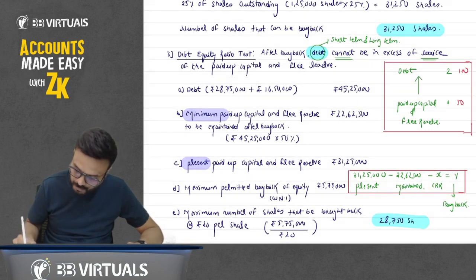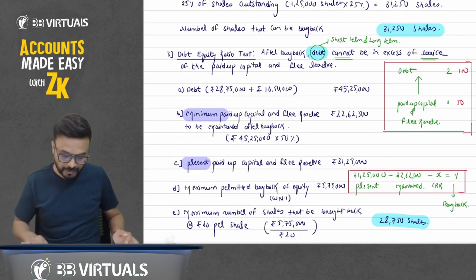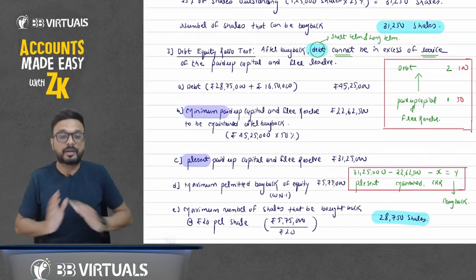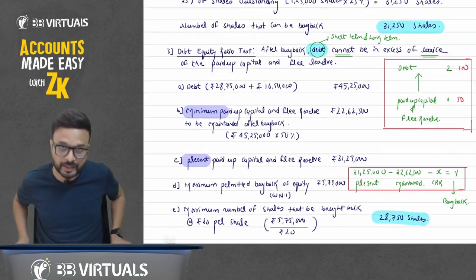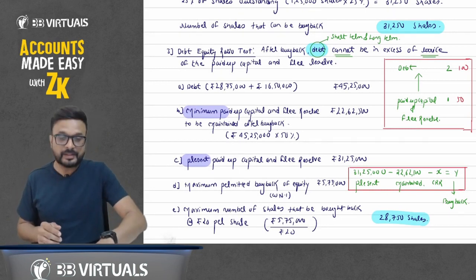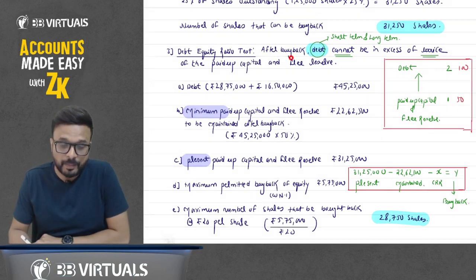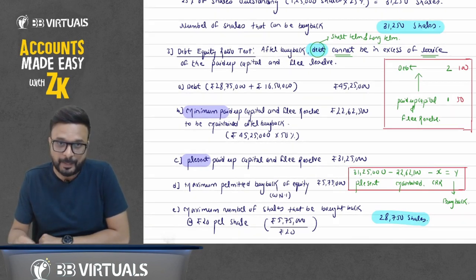Okay, write down 28,750 shares. Now I am repeating this third test, which is the debt equity ratio test. What is the condition? Third condition: your debt cannot be more than twice the paid up capital and free reserve after buyback. Suppose if your debt is 100, your paid up capital and free reserve will be 50.